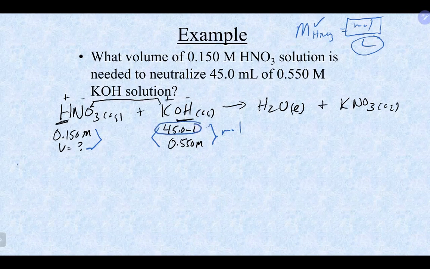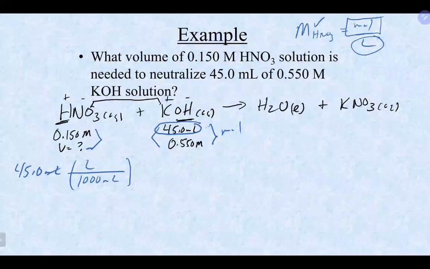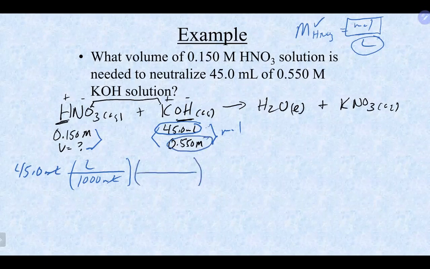So we're going to take our 45 milliliters. We're going to convert it into liters by dividing by 1,000. And then we're going to multiply it by our molarity. Once again, I'm going to use both units so I can see it. Moles per liter of KOH.